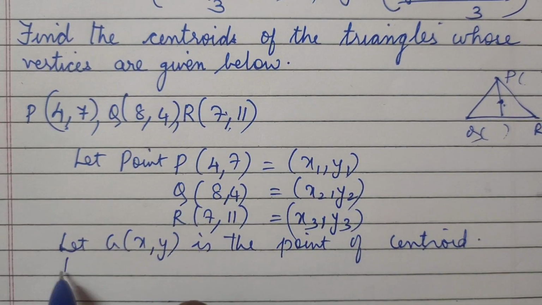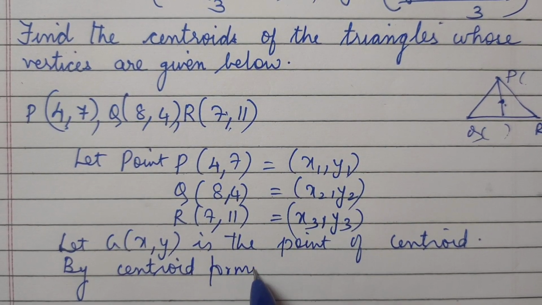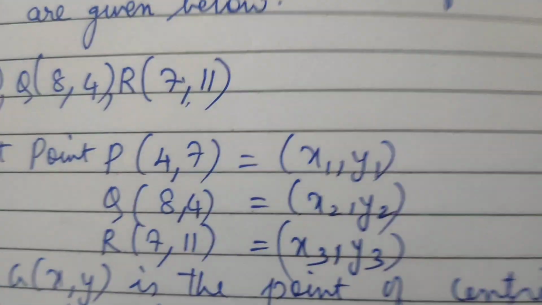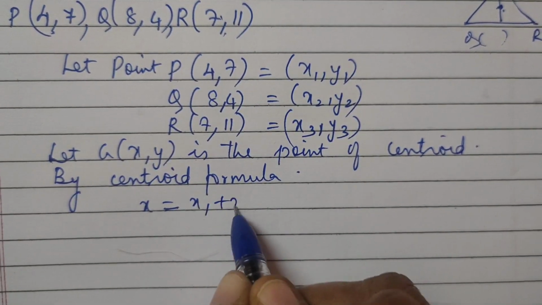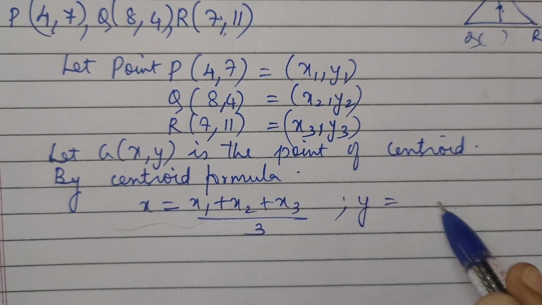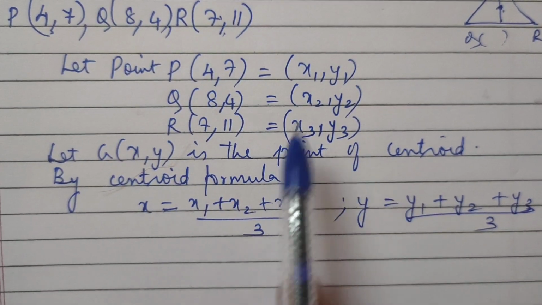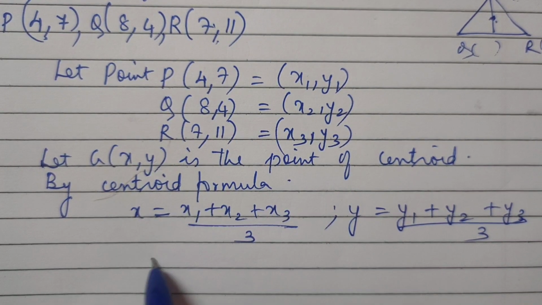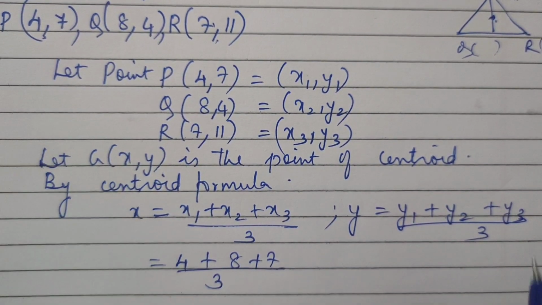By the centroid formula, we are going to find this x first. x equals, what is the formula we have learned? x1 plus x2 plus x3 upon 3, and y equals y1 plus y2 plus y3 upon 3. We add all the values on the left side, 4, 8, 7. We will write directly, 4 plus 8 plus 7 upon 3. Always 3 is a standard one.